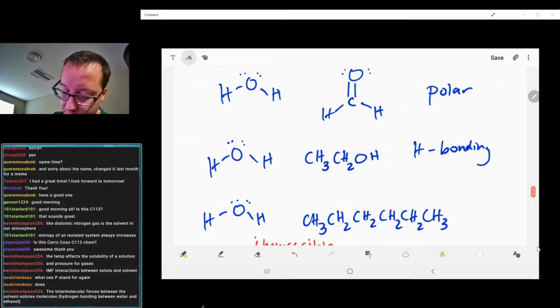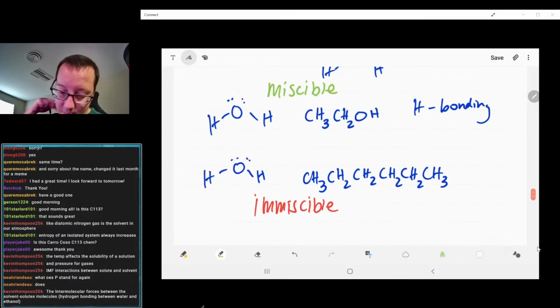Both of the previous examples would be miscible together, but this one would be immiscible. We have hydrogen bonding, a very polar molecule with water, and something that is completely non-polar with hexane. So those two are not going to mix. Those would be immiscible liquids. If you try and put your gasoline in water, you're going to see that it's just going to float on the top. It's less dense. It's not going to mix.